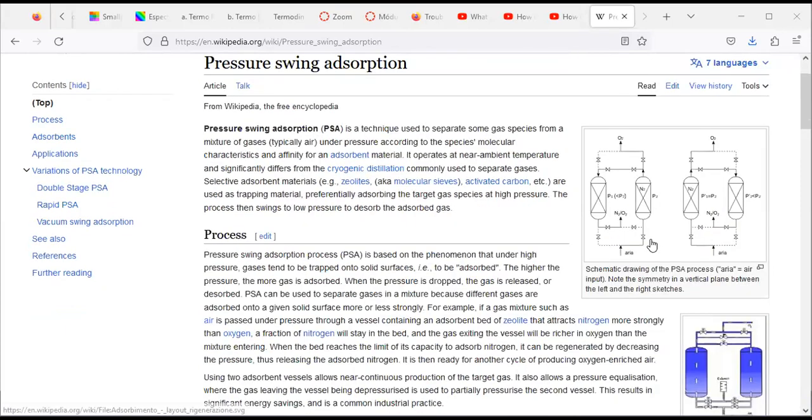Y podemos ver este dibujo, y se ve que es schematic drawing of the PSA process, the pressure swing absorption process. Note the symmetry in a vertical plane between the left and the right sketches.